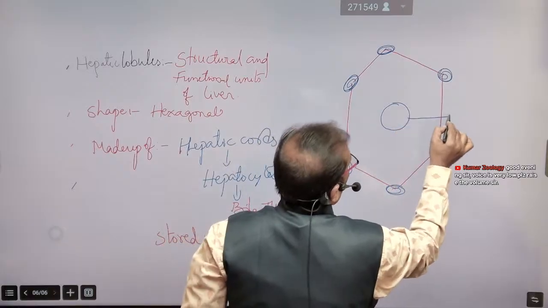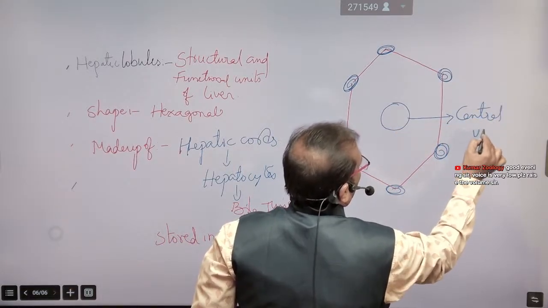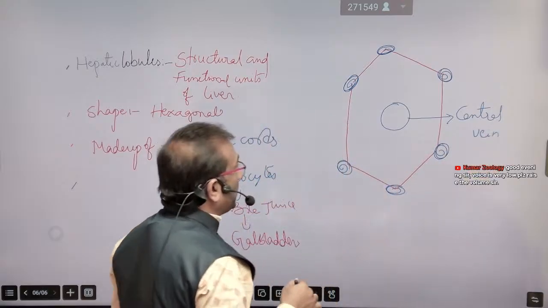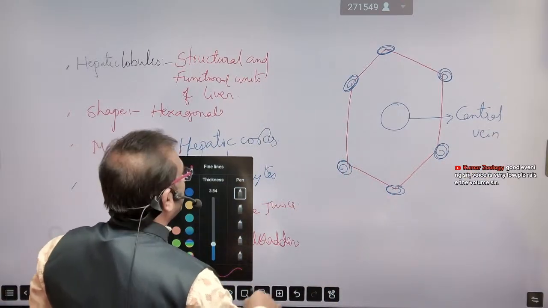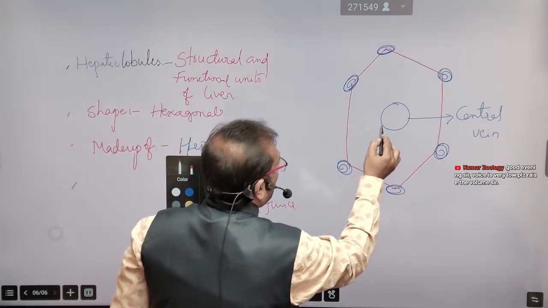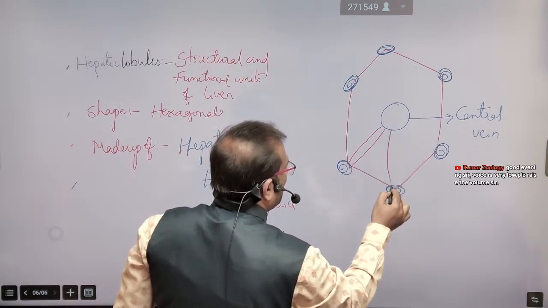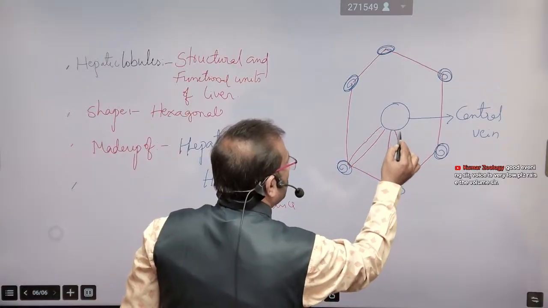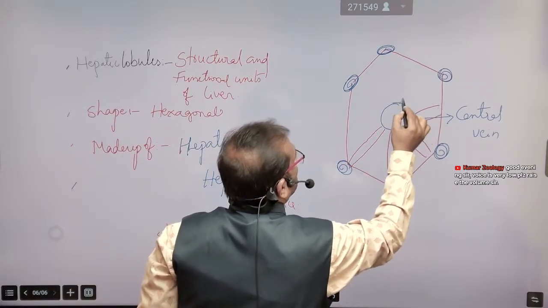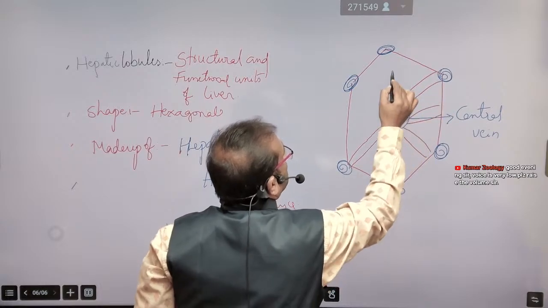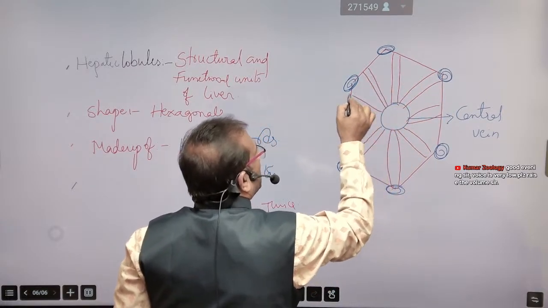The central vein is present in the hepatic lobules, and hepatic lobules are made up of hepatic cords. There are so many hepatic cords present, nearly hundreds.